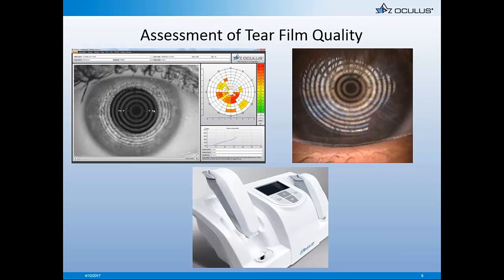You also can check the lipid layers to be able to tell the quality. And then below, we'll touch a little bit on some other testing that I believe you should do when you have a dry eye clinic, and the TearLab there is certainly important.